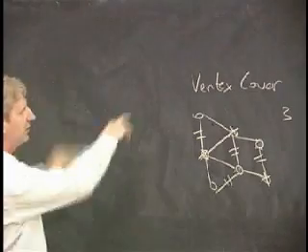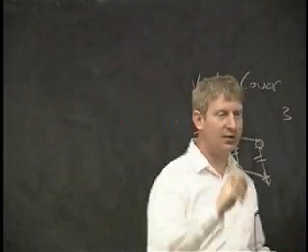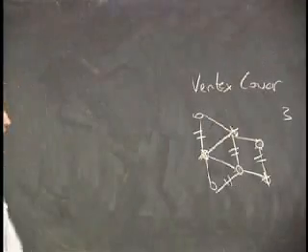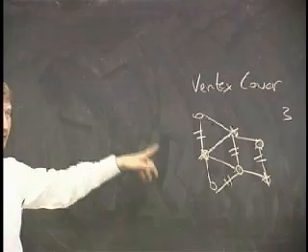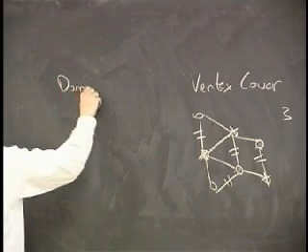There's another problem that looks a little like vertex cover. You look back in your notes, first day of class. That's also easy, even though vertex cover is hard. What I'm going to talk about now is another problem that looks just like vertex cover, but it really is hard, called dominating set.